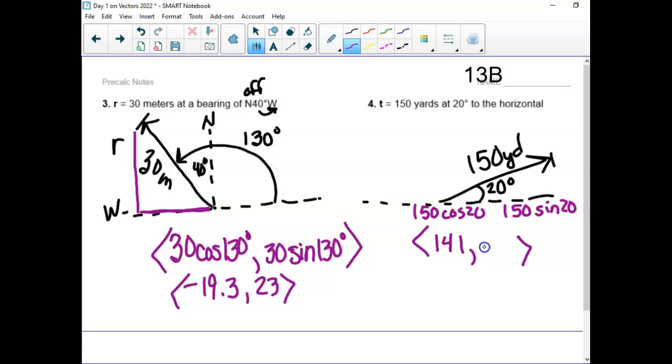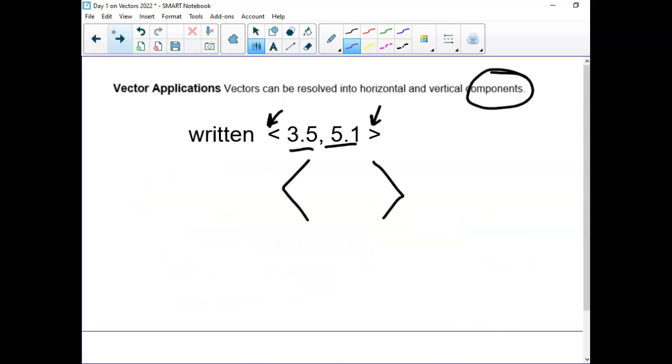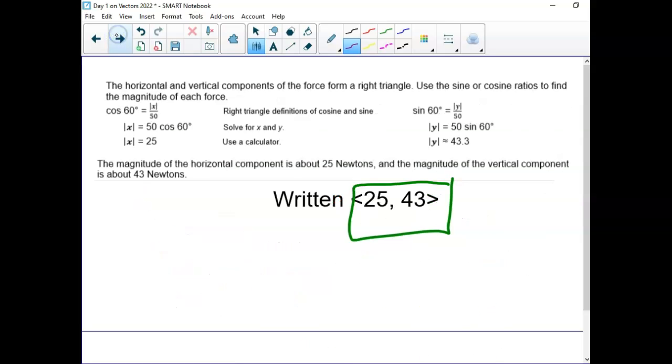This should be a little number, I think. Littler, because it's clearly going further to the right than up with a little 20-degree angle, right? Did someone else get those two numbers? Okay. All right, so that's the first part of the lesson.